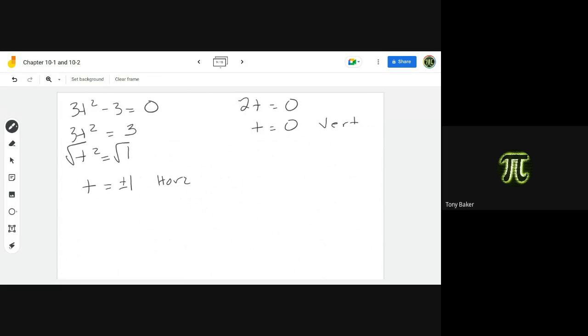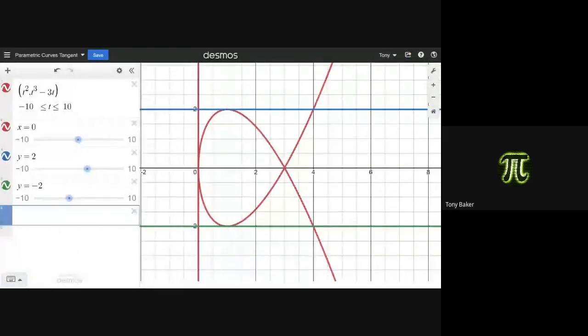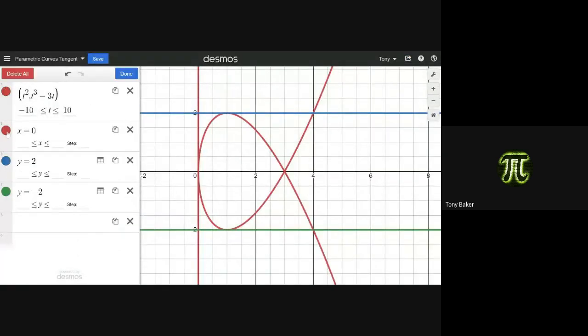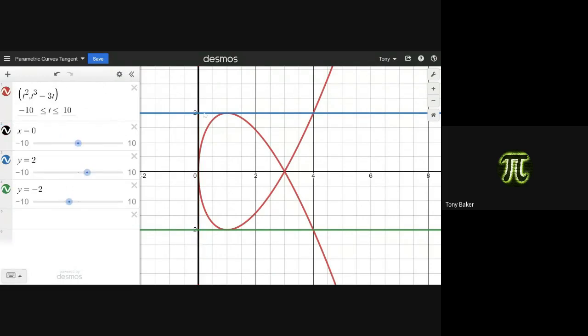And if we look at the equation for the graph, we see that is also true. We have one vertical right here at the 0, and I have two horizontal ones, the top and the bottom. So now the question is we need to find the points for those.